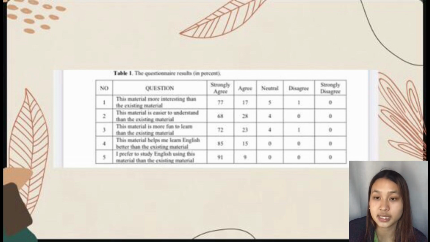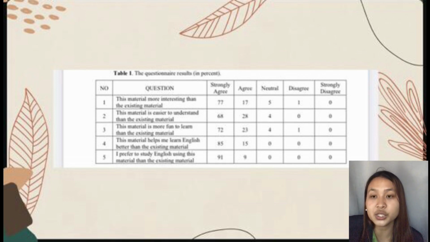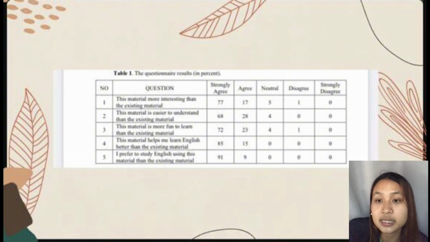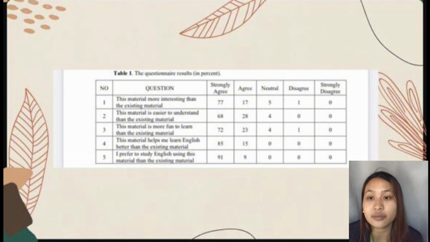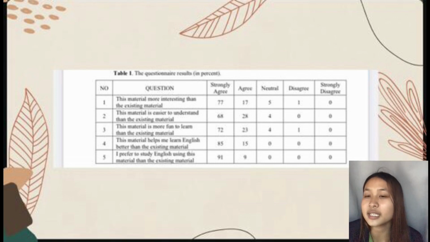The question number one is, this material is more interesting than the existing material, and most students answered strongly agree. Strongly agree is 17, agree is 17, neutral is 5, disagree is 1, and strongly disagree is 0. The next question is, this material is easier to understand than the existing material, and similarly, students mostly answered strongly agree.